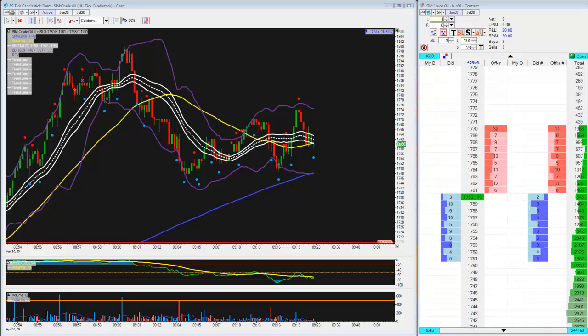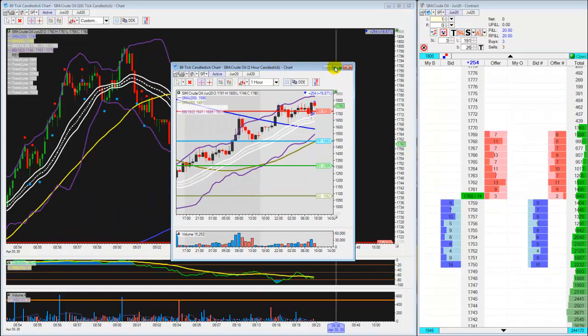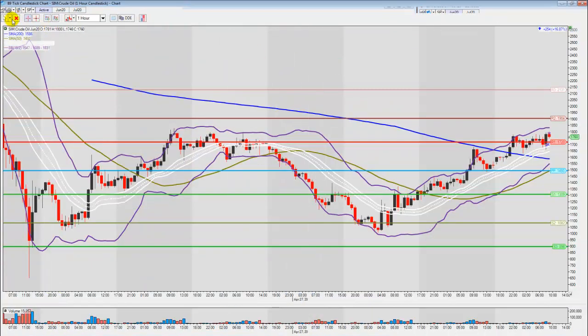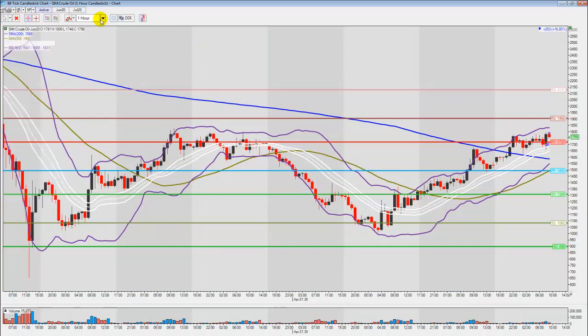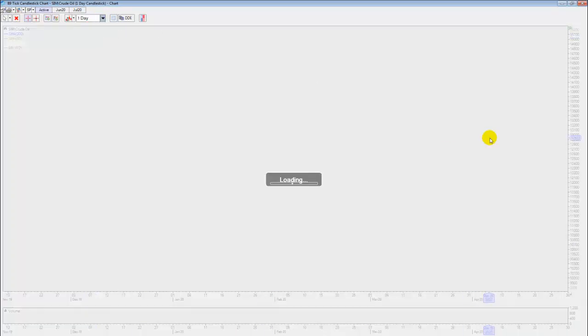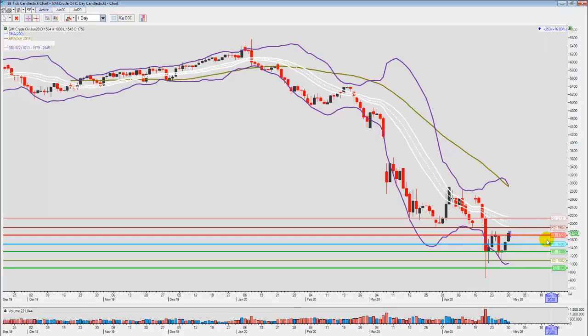So it punctured the top of that envelope, right? The ledge that we talked about earlier. Let's go back to the daily. So it punctured the top of the ledge. Top of the ledge right now is about 1826.